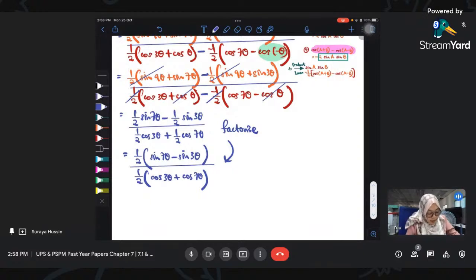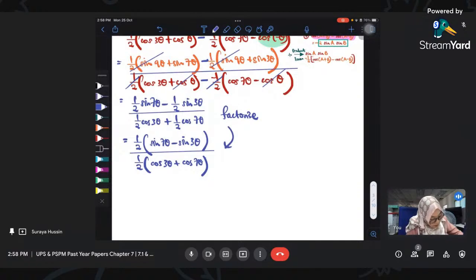So here you need to apply the sum to product formula, the factor formula.